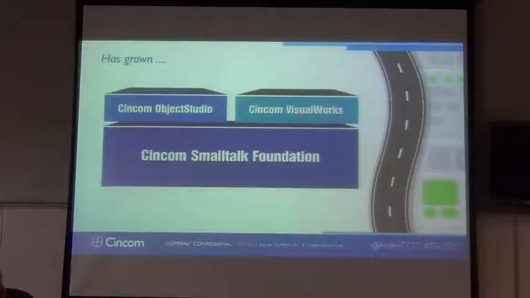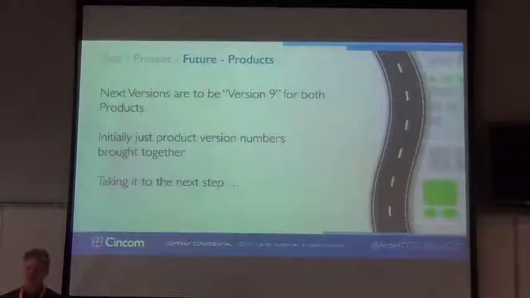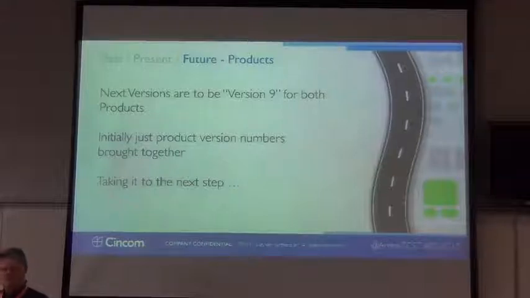Now the next release, the plan had been basically that the next release would be version 9 for both products. So we have Object Studio 9, it's up to 8.9, so not too much of a jump, and VisualWorks moving to 9 to basically move them in sync. And we thought about that, okay, that would be nice, moving the product numbers together, but with this sharing and moving the products closer together, can we do better? Can we do something better?